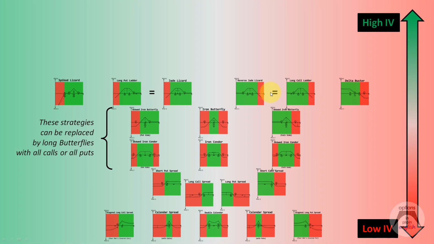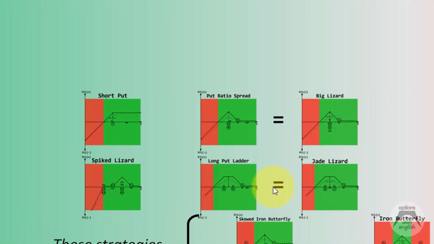Now, if we still have more implied volatility, we could start looking at similar strategies. Now we're going to talk about a Big Lizard, which is the same thing as a Jade Lizard, but you have both short options at the same strike price.